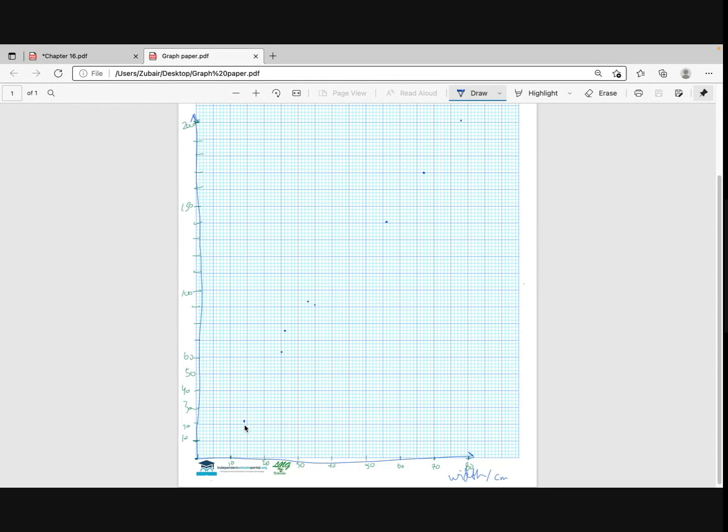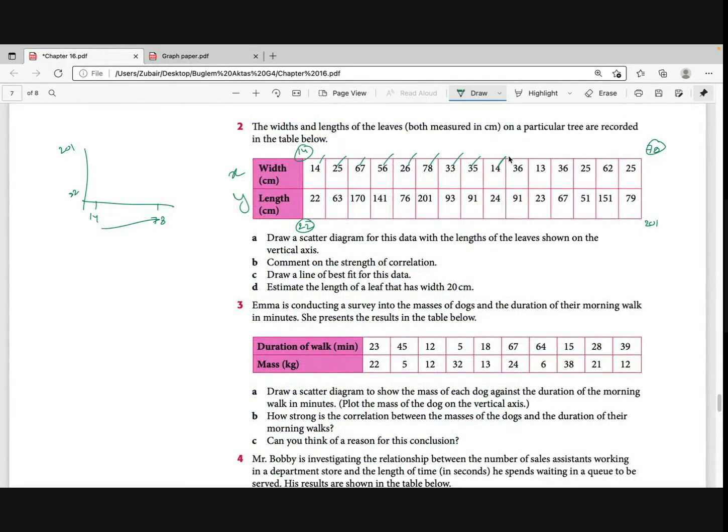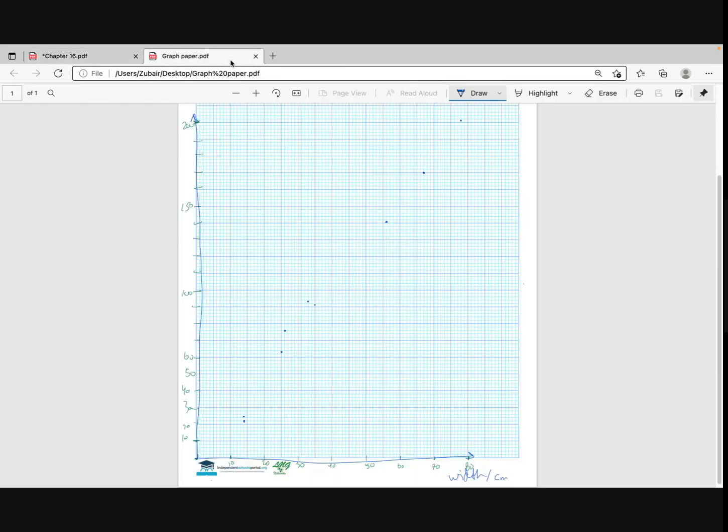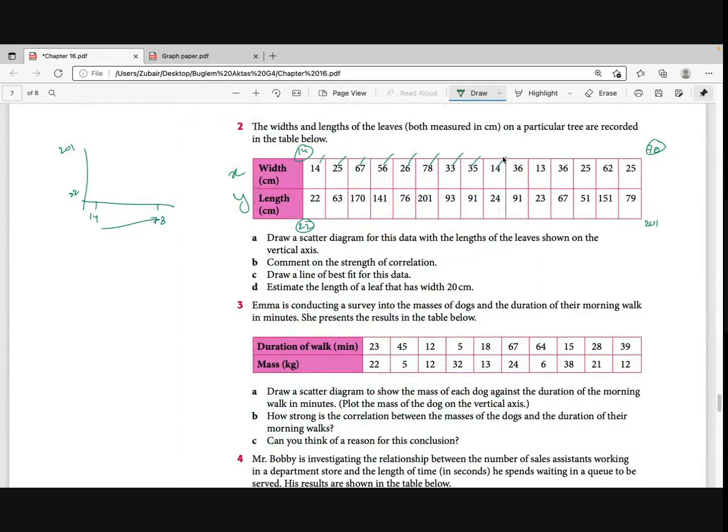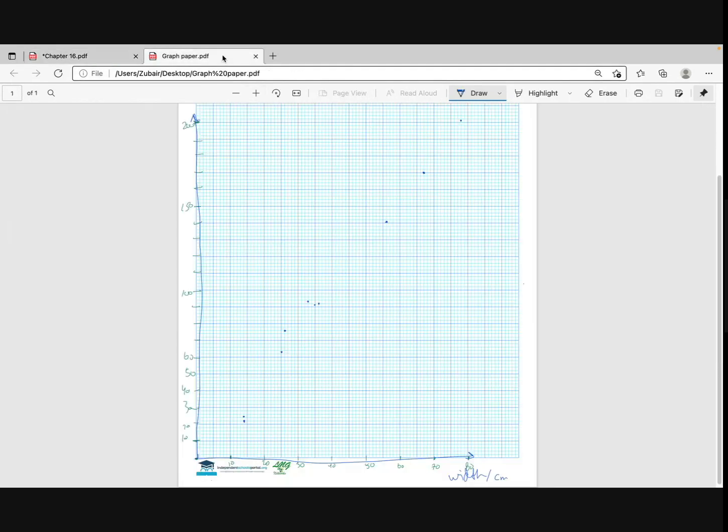X 14, Y 24. Then 36, 91. Then 13, 20. Oh, we had the smallest value 13. Sorry, 13, 23.